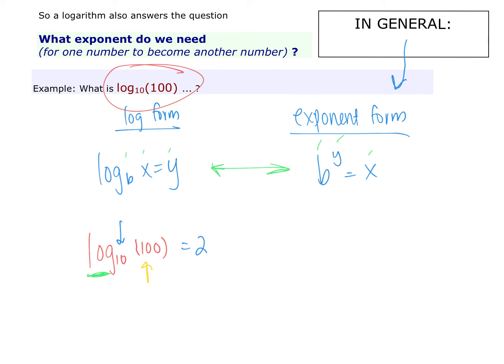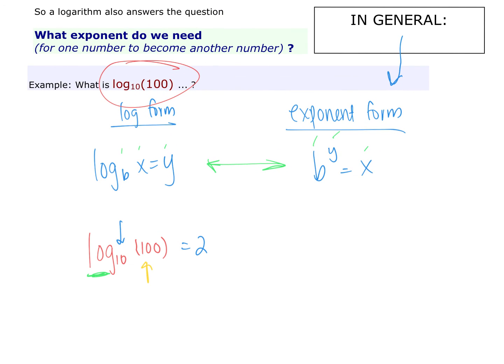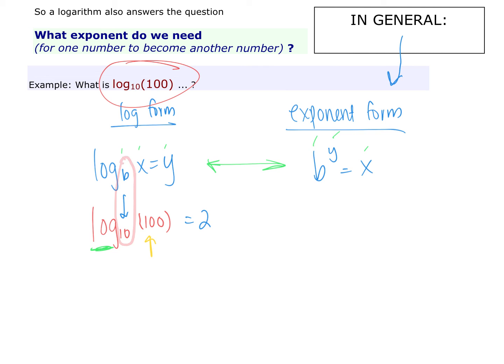Under here, if I want to make it easier, I can label. If I'm looking at my b, I'm going to highlight. My b in this case is 10. My x in this case equals 100. And my y in this case equals 2.